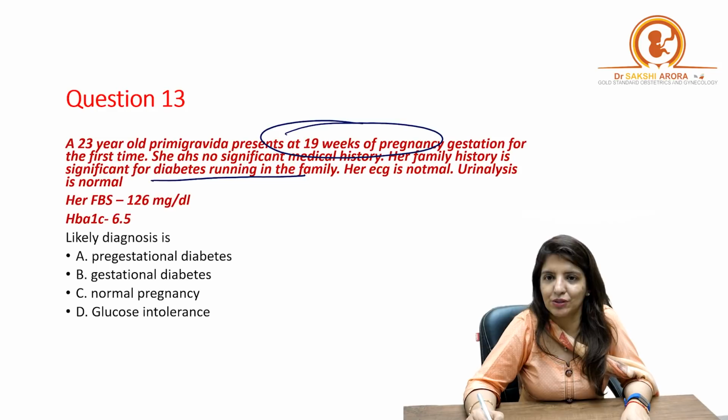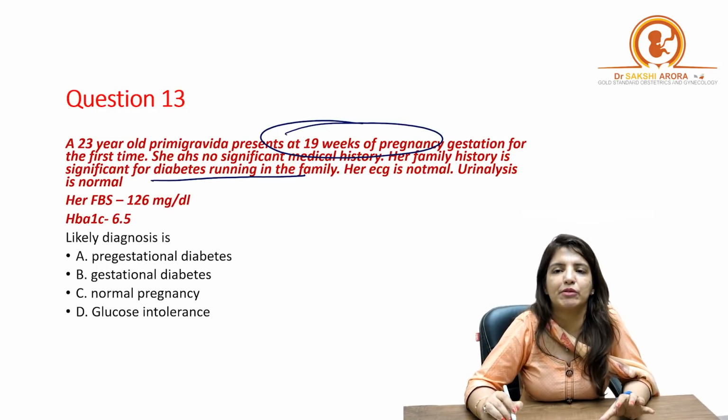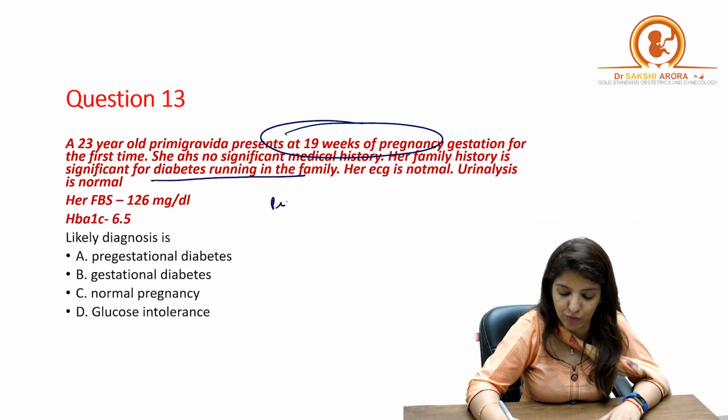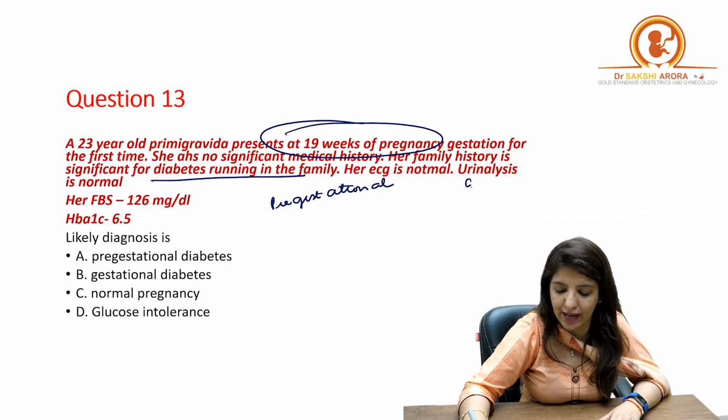What is the diagnosis? There are 2 types of diabetes in pregnancy: it could be a case of pre-gestational diabetes or a case of gestational diabetes, right?